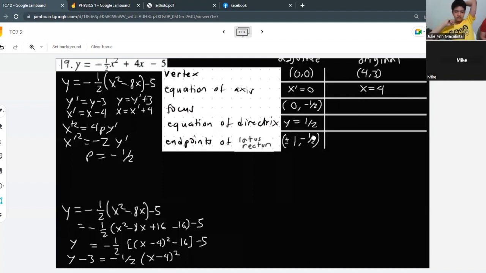Ngayon, translate natin to yung original axis. 4, 3 minus 1/2, 2.5. Tapos, wait. Yung equation of the directrix, y prime equals 1/2.